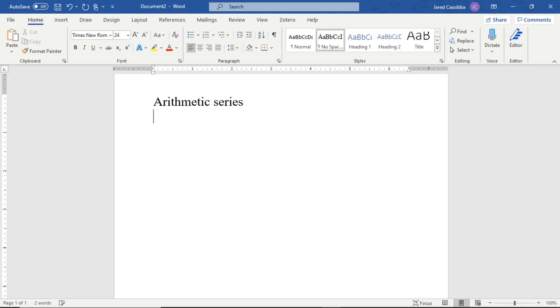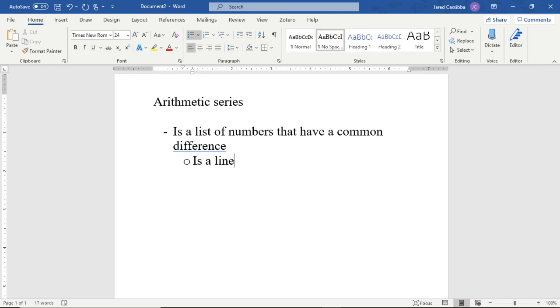An arithmetic series is a list of numbers that have a common difference. Another way of saying this is an arithmetic series or a sequence is a line, because in a line, each point has a common difference. It's called its slope.